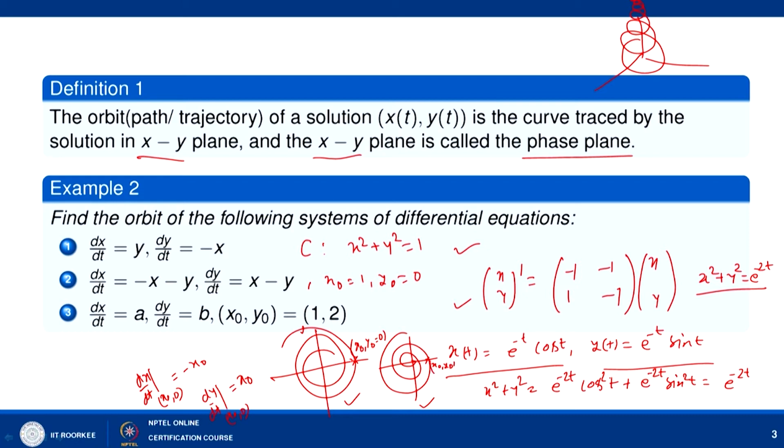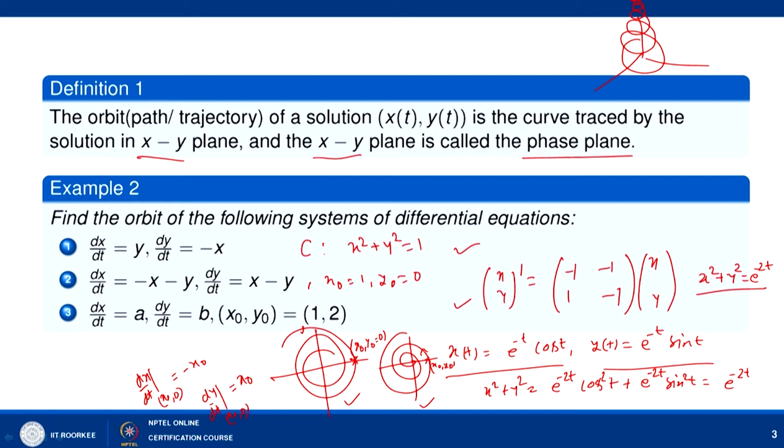If y₀ is 0, increasing means it will go to a positive value. So, starting from this point onward, it will go to something positive, something like this figure. So, the direction of the curve will be anti-clockwise.